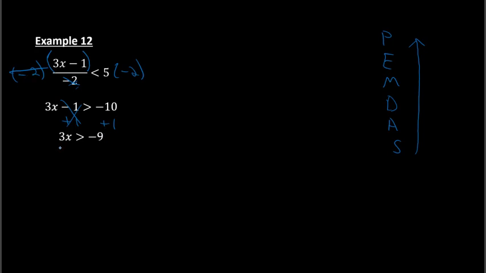And then to finish off, here we have 3 times x, so I get rid of the 3 by dividing. When I divide, we now have x on the left, and then -9 over 3 is -3 on the right. And even though there's a negative here, I'm not dividing by a negative, so my answer would still be with the same inequality sign. So it's still going to be x is greater than -3.